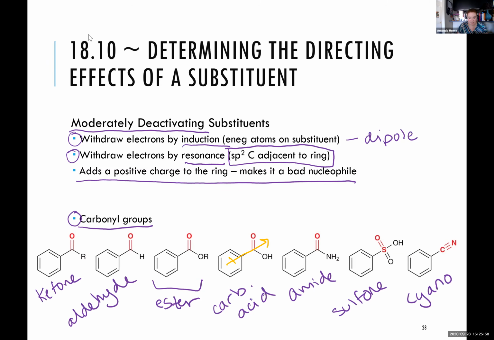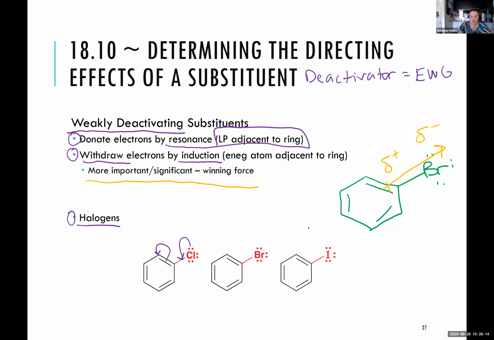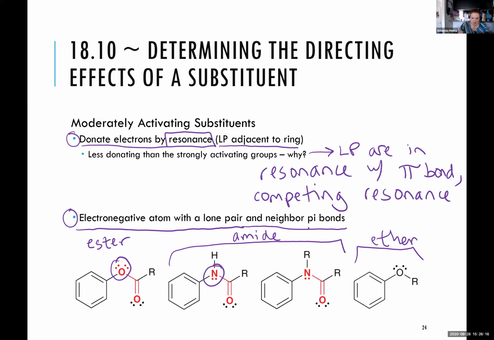Now, this is not the case for all of them, but it's kind of a good spot to start. So all of these have a pi bond next to the ring, so they can pull the electrons away from the ring towards that pi bond. And then our electron donating groups have a lone pair next to the ring.